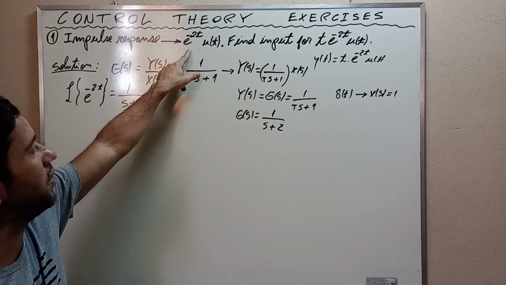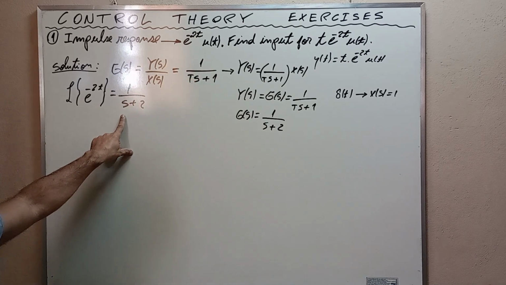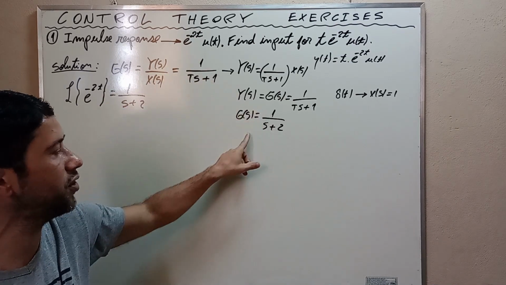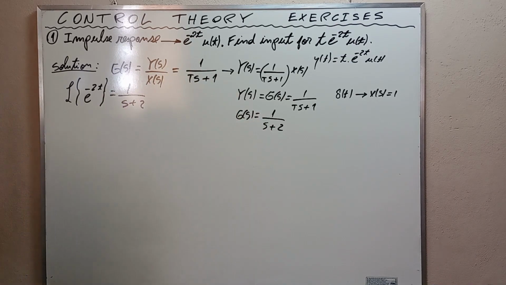If I have this as output, then the Laplace transform of this is equal to this, and this is equal to the transfer function. This is the main realization of this exercise.